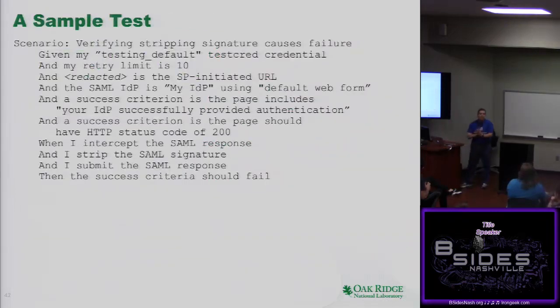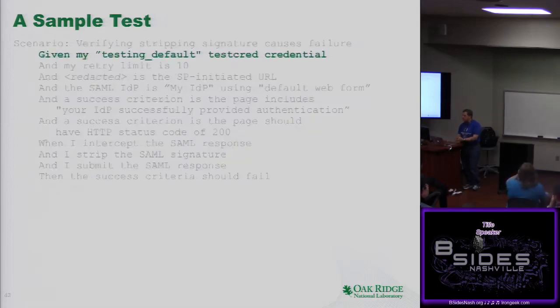So I mentioned here is the sample test, and I want to walk through what this looks like. For example, given my testing default credential, with a little bit of setup, JT can be running the test under his credential, his username. I can run the same test, and I'm running under my username.